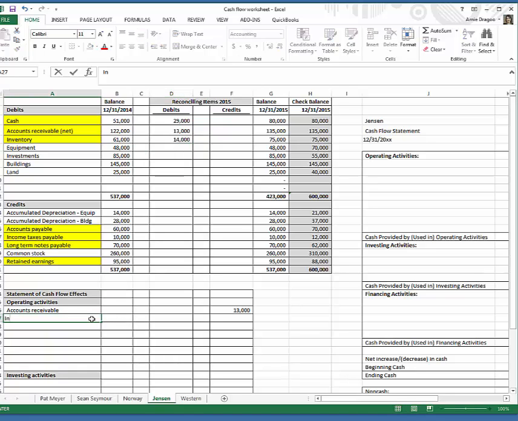The offset will be down in operating. For accounts payable, we're going to need a $10,000 credit to make these balance, and my offset will be down in operating again.